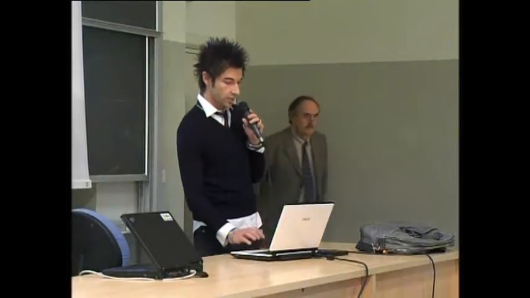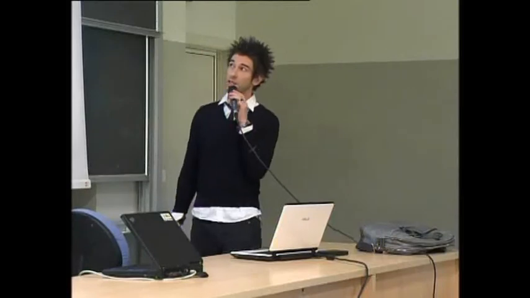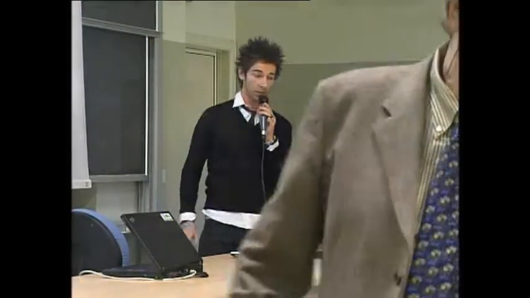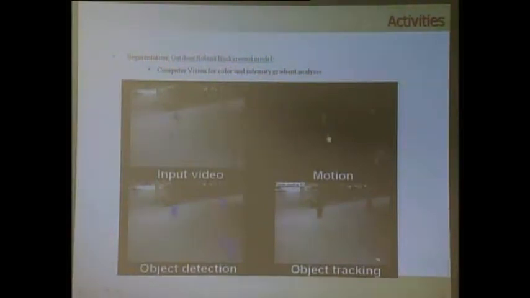In particular, first I developed a robust background model for segmentation using computer vision techniques for color analysis and intensity gradient analysis. This is an example of the system. On the top left corner, there is the input video. On the top right, the extracted objects. And on the bottom left, the extracted humans.